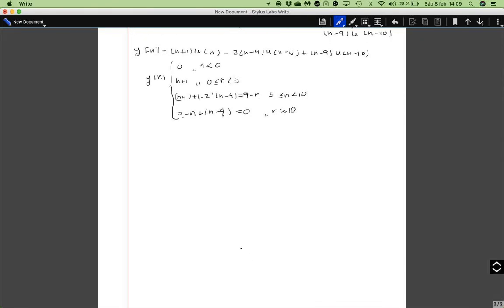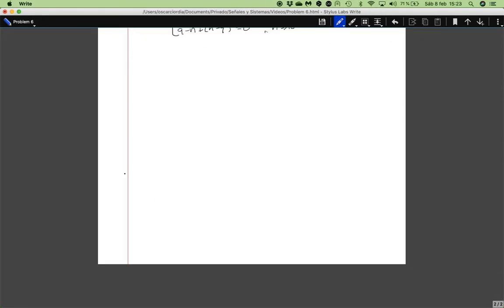So let's draw it. This is the picture of the function. We will go all the way to 10. And basically we have a ramp function here. It's going to be a triangle function.